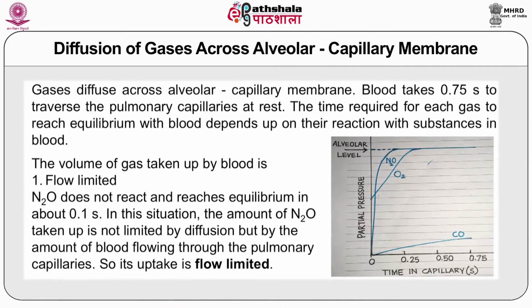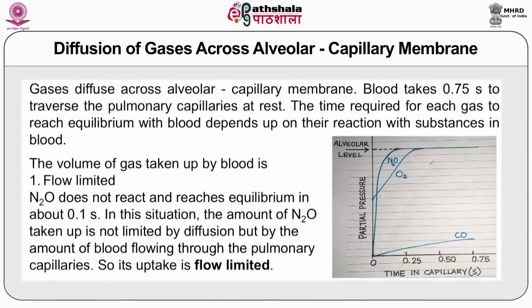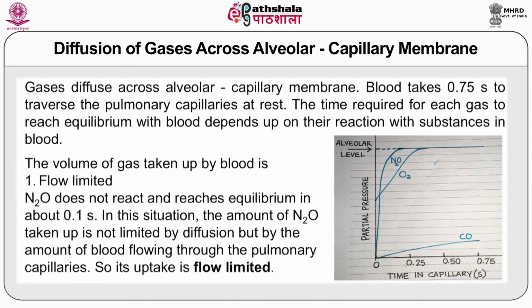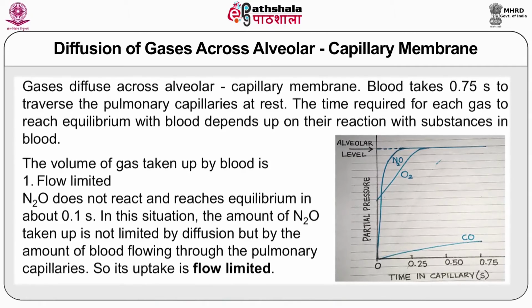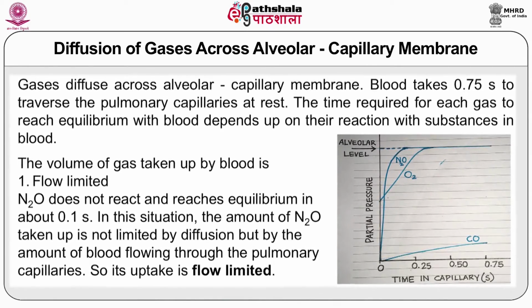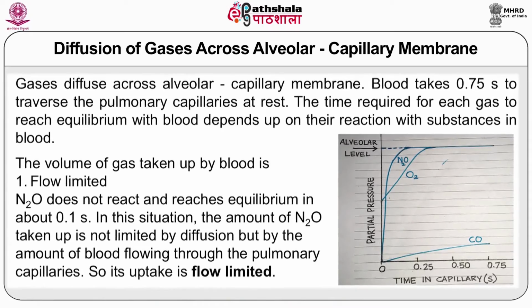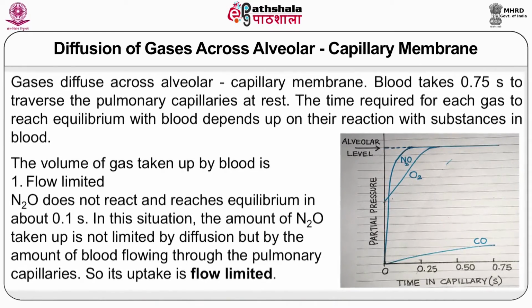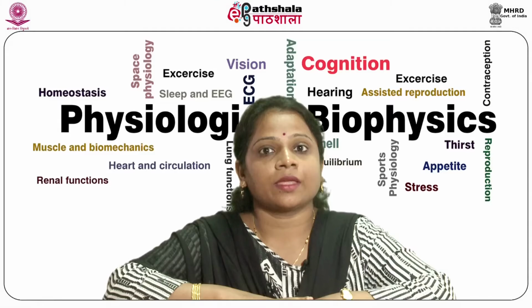Nitric oxide does not react and reaches equilibrium in about 0.1 second. In this situation, the amount of nitric oxide taken up is not limited by diffusion, but depends upon the amount of blood flowing through the pulmonary capillaries. So, its uptake is called flow limited.